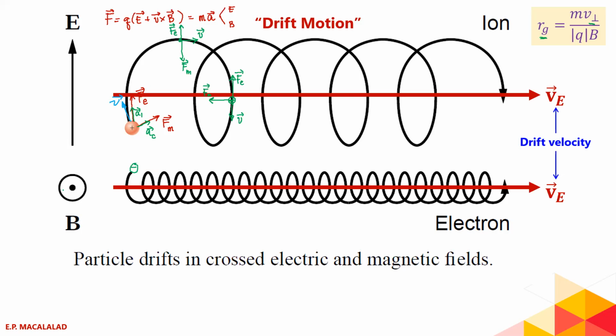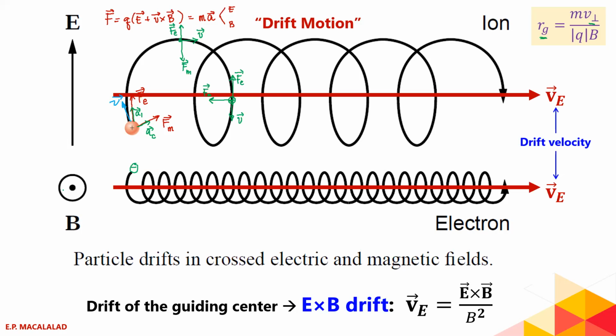Okay, specifically, we call this kind of drift as E cross B drift with a general term or general expression as this one. Okay, we call this E cross B drift because when we take the cross product between E and B, we get the direction of your velocity.